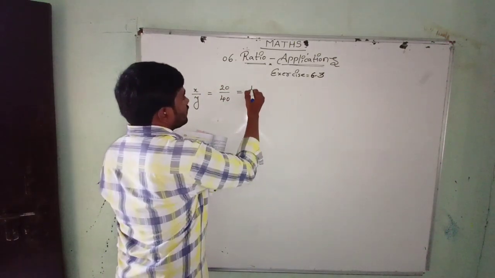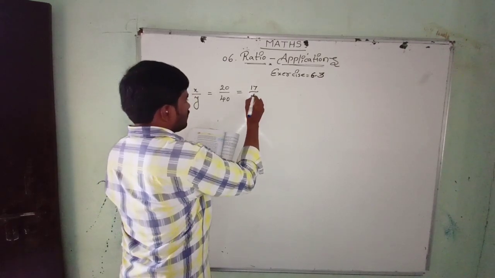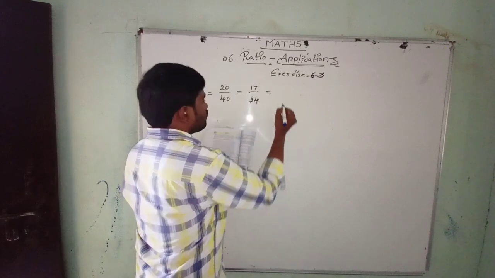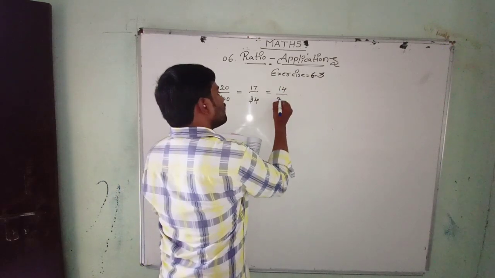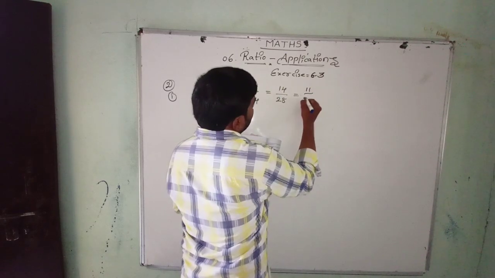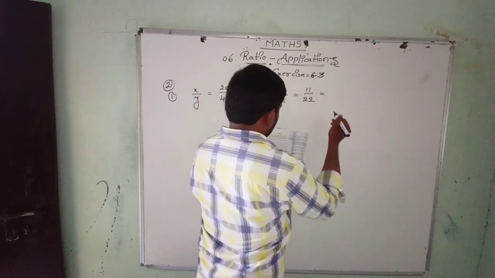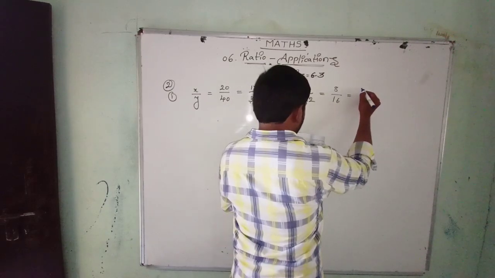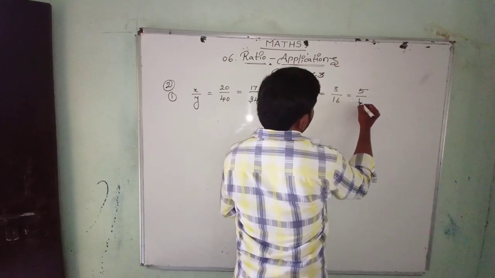That equals again 17 by 34 given next. Next one he gave 14 by 28. Next 11 by 22. That equals again 8 by 16. Next 5 by 10, 2 by 4.